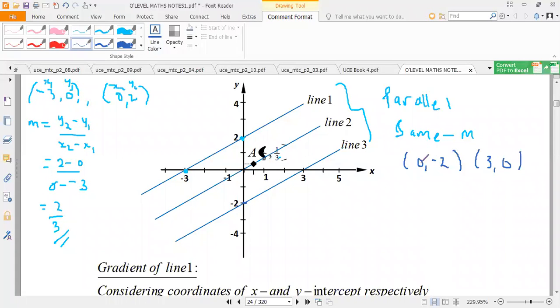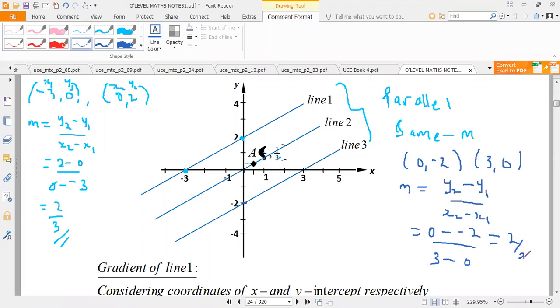If you have to find the gradient, m, it is still the same formula: y2 minus y1 over x2 minus x1. If we substitute, y2 is 0, minus y1, which is -2, divided by x2, which is 3, minus x1, which is 0, and the answer is 2 out of 3.